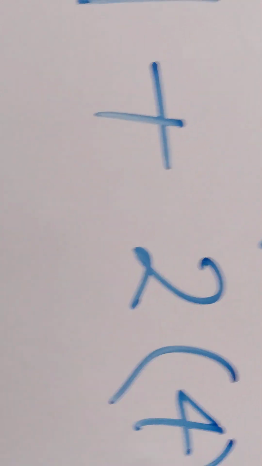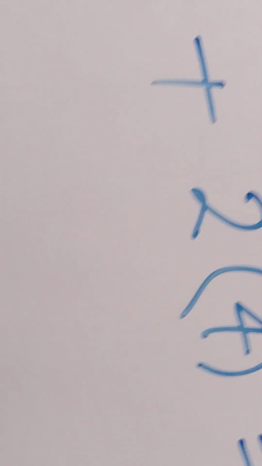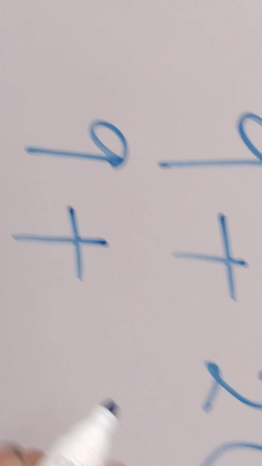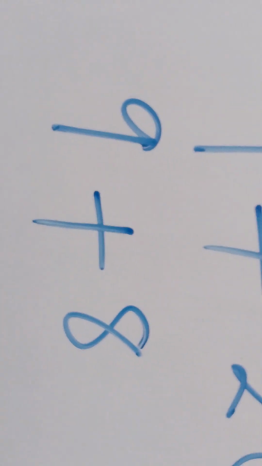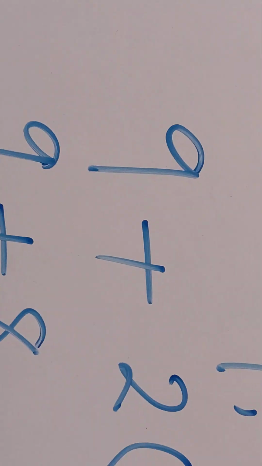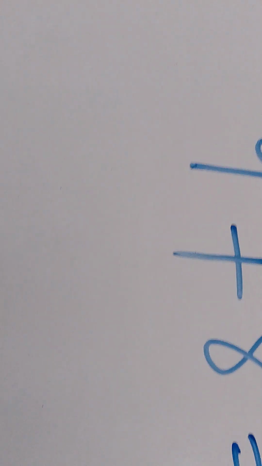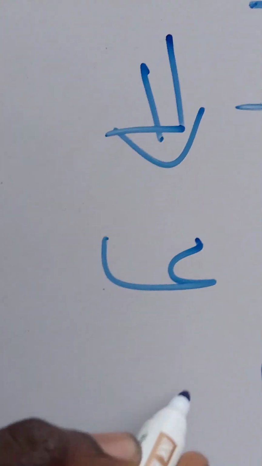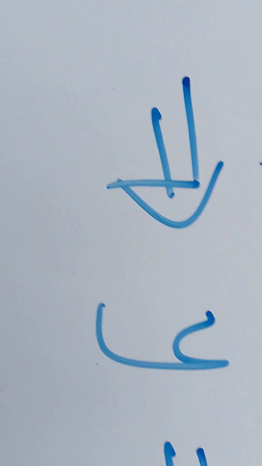That is 2 times 4, which is equal to Y. So 9 plus 2 times 4, and 2 times 4 gives you 8. If I add them now, it implies that Y will be equal to 17. So the value of Y is 17.